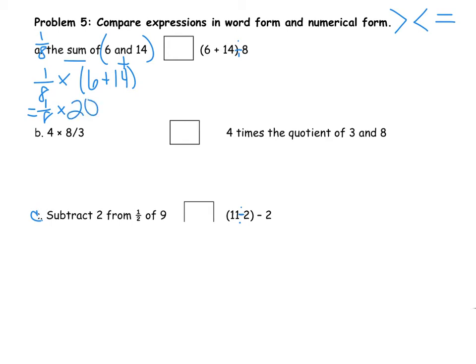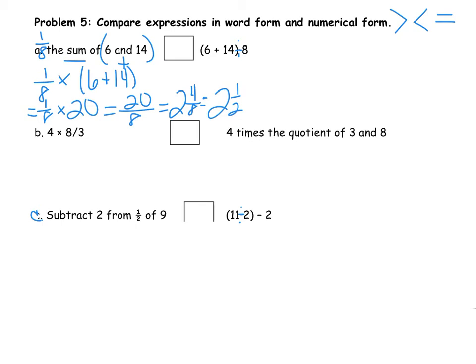And so what I know is 1 times 20 is 20 over 8, which just happens to equal 2 4/8, because 8 times 2 is 16, 20 minus 16 is 4, and if I simplify that, it's 2 1/2.